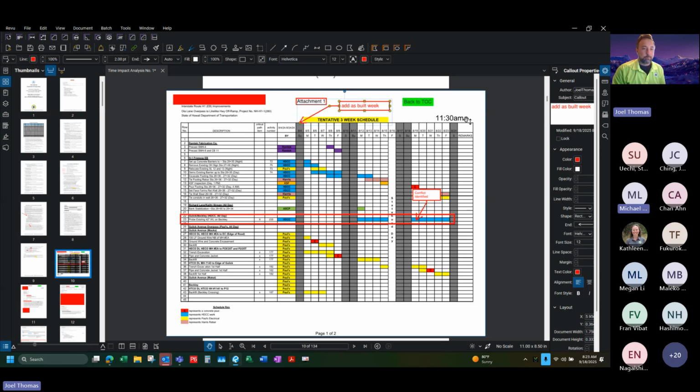Part of the question would be, is it physically possible to actually get this thing done on time? And inadvertently, would you be legitimizing their claim that they can't finish on time? Maybe one way to mitigate that is a serial letter documenting that you're required to finish on time, and please submit a recovery schedule, and not necessarily allow them to say that we just can't finish on time.